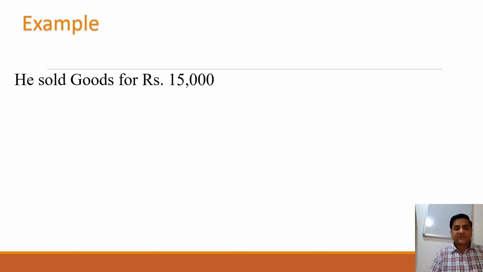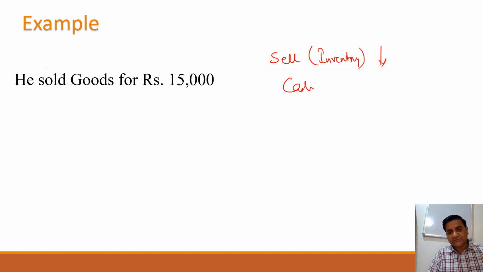The next transaction is sale of goods for 15,000. How does this transaction happen? You sell some goods, which means your inventory or your goods go down and your cash balance increases. This is also an asset and this is also an asset.